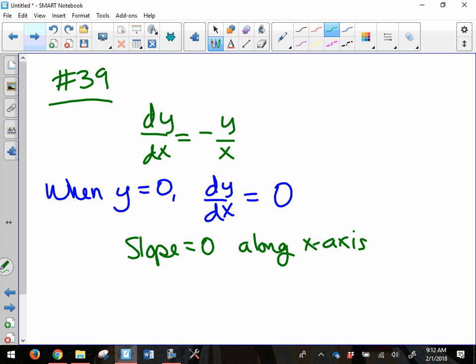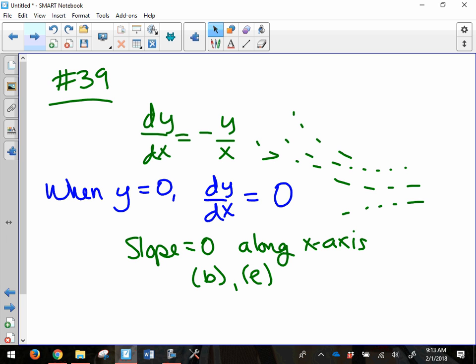They look pretty vertical in A. So B and E look like, because the slope lines are kind of coming down like this, so along the axis they're kind of horizontal. All right. So B and E look like they fit this first observation we can make.